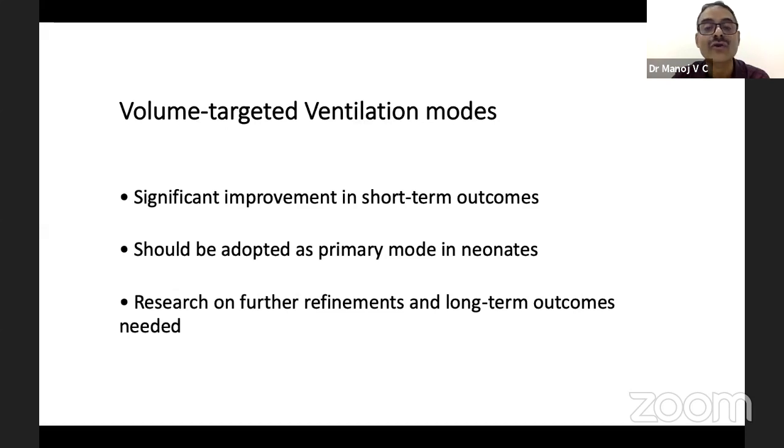We, however, don't know what the long-term outcomes are, whether it scores over the other modes. But as of now, we should be using volume targeted modes. So this is what we learned.